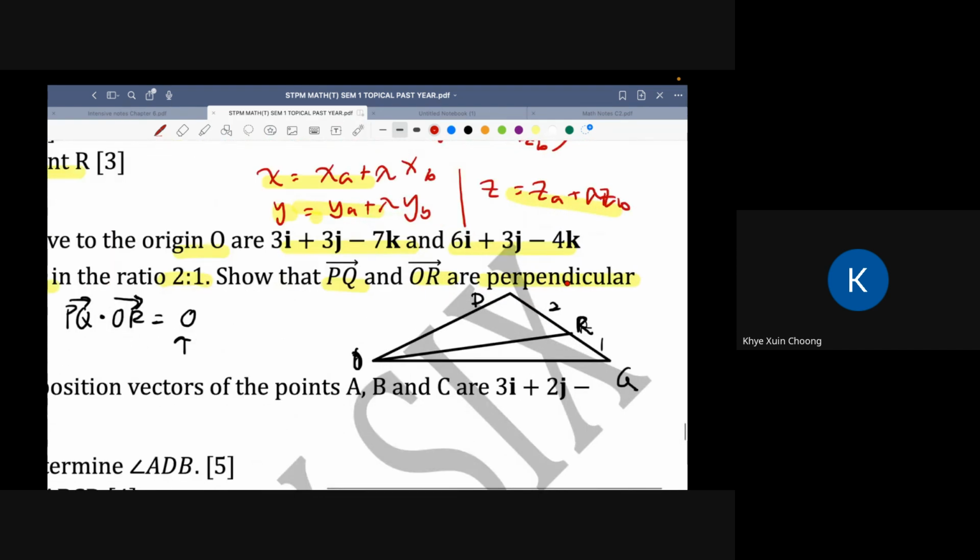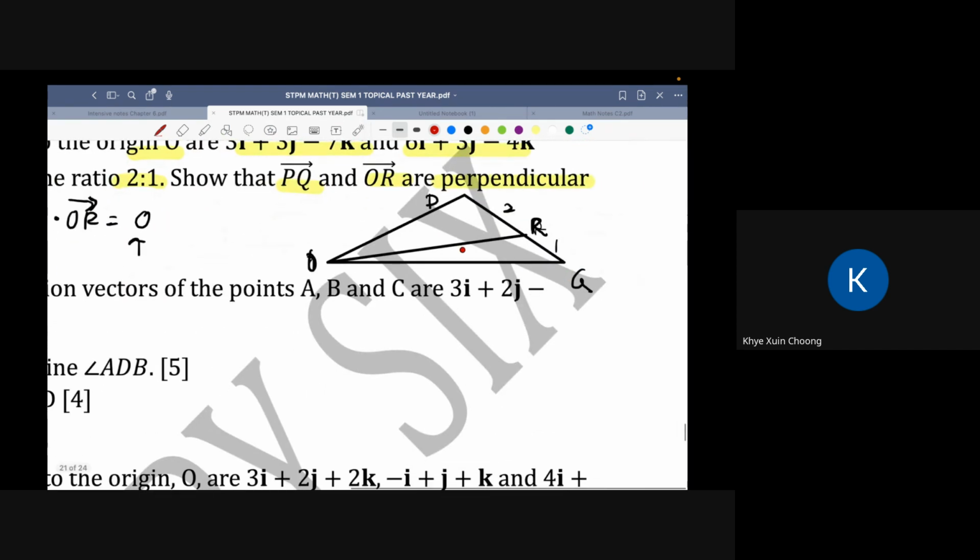If let's say you don't know the ratio theorem, you can find PQ first. If you find PQ, you know that PR is actually 2 over 3 PQ. So PR is like this. PR is 2 over 3 PQ. So you have OP, right? OR is actually OP plus PR.